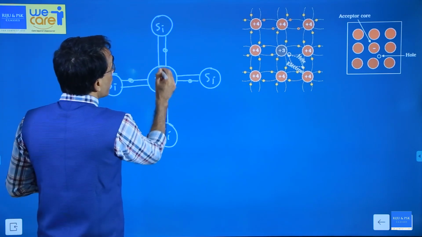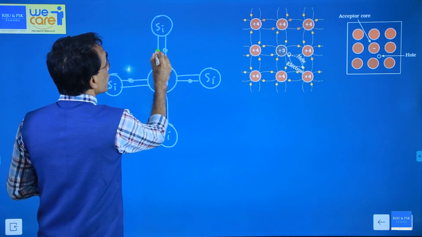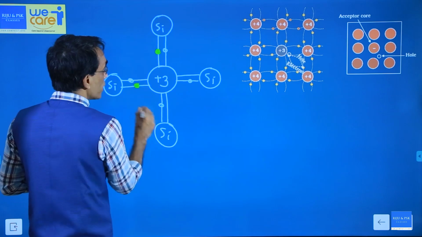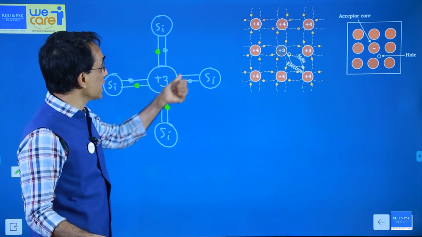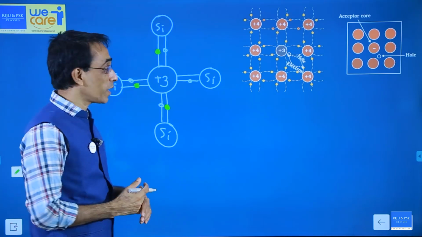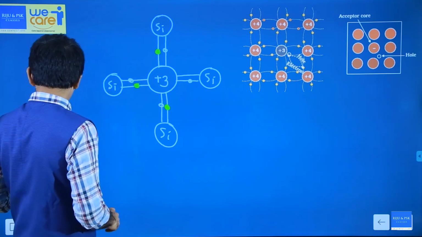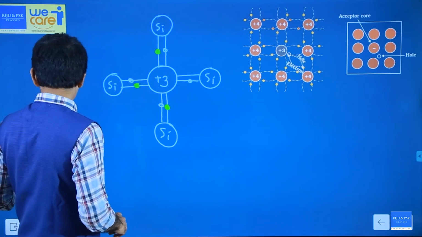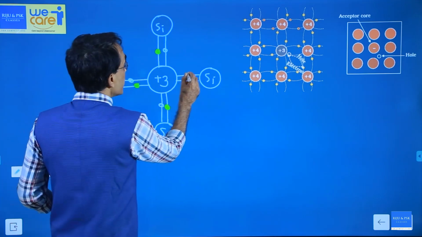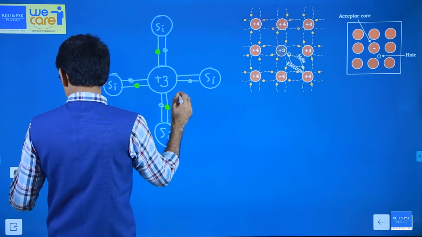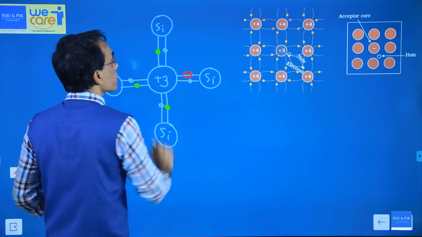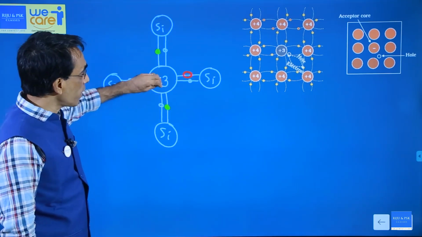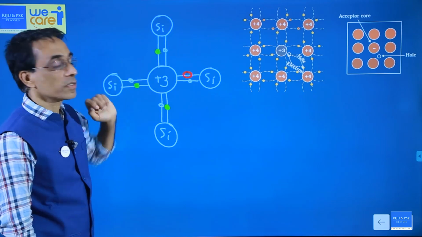Now indium will give 1 electron here, 1 electron here, 1 electron here. Where is the electron for the 4th covalent bond? There will be no electron for the 4th covalent bond, so this will be a hole. So every trivalent impurity will give you 1 hole.